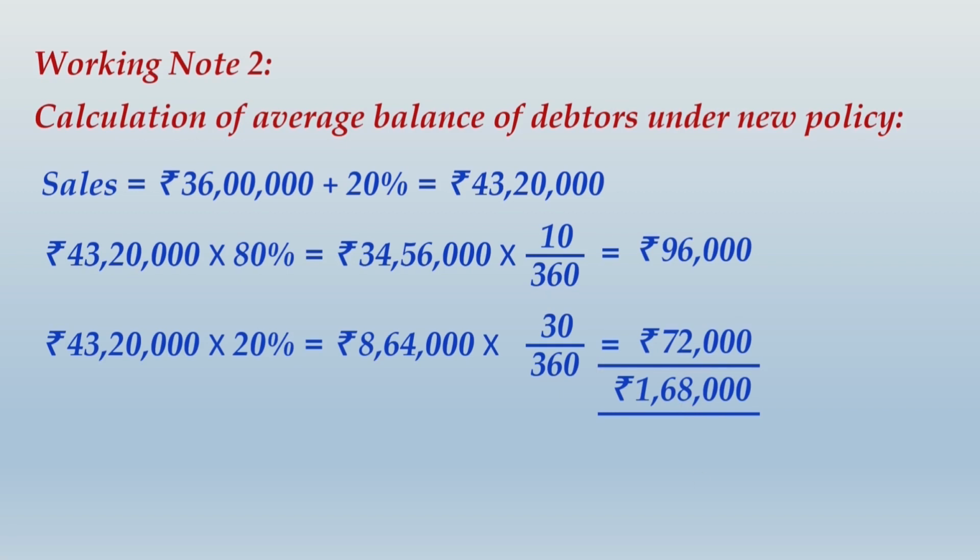Now, don't get carried away that this will be the base for cost of funds blocked. This is simply the average debtors balance. This is at sales value, whereas the cost of funds blocked will be dependent upon the funds blocked, and your funds blocked calculation is not based on sales value but based upon cost of goods sold.